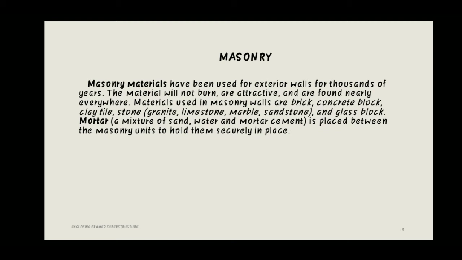Materials used in masonry walls are brick, concrete block, clay tile, stone, granite, limestone, marble, and glass block. Mortar naman is a mixture of sand, water and mortar cement. It's placed between the masonry units to hold them securely in place.